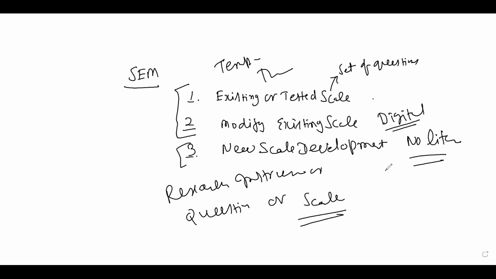Same as in social science research, we do not prepare questions from our own knowledge. We should prepare our questions on the basis of theory, based on either an existing scale, or we can modify the scale.